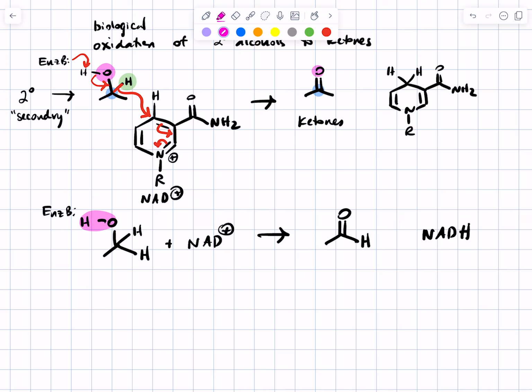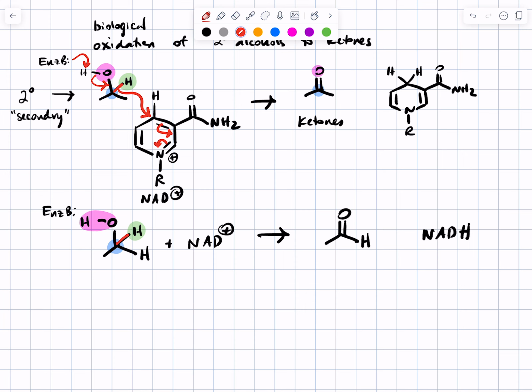The oxygen then acts as a kicker-offer. This becomes the carbonyl carbon, and one of the hydrogens leaves with its electrons and gets handed off to NAD+. So in order to oxidize an alcohol to a carbonyl, you must have at least one hydride.